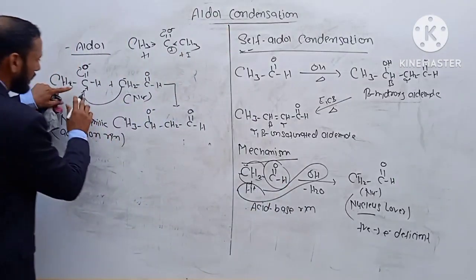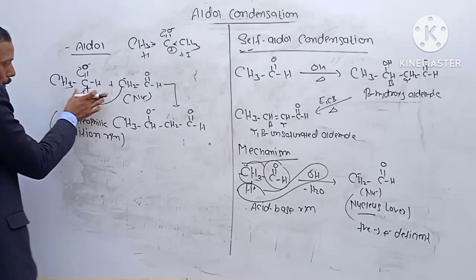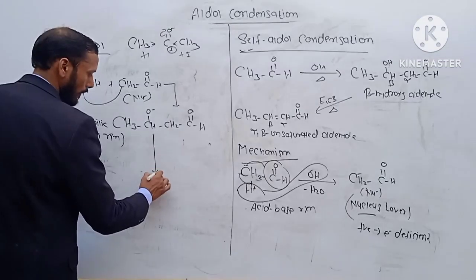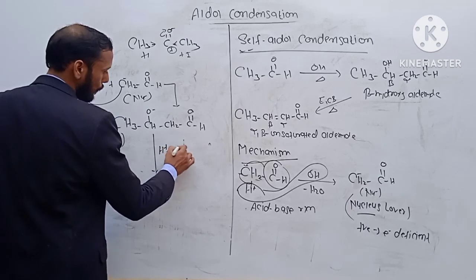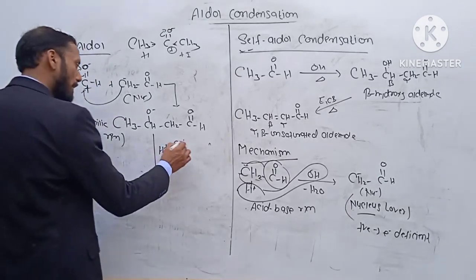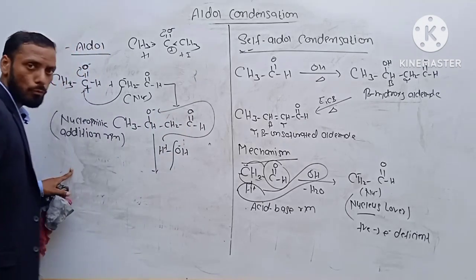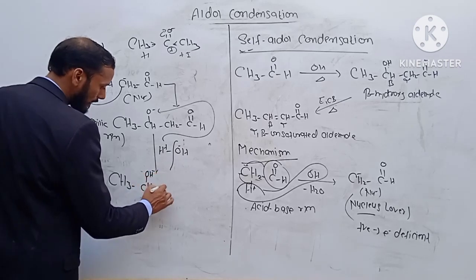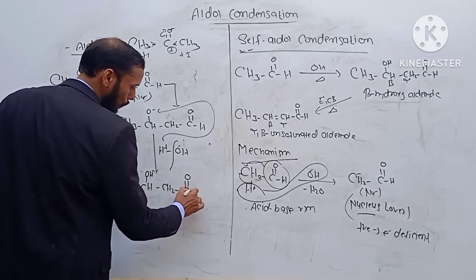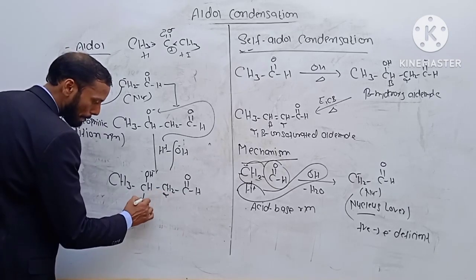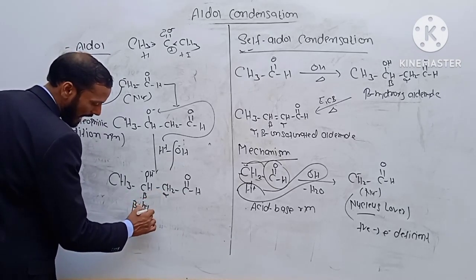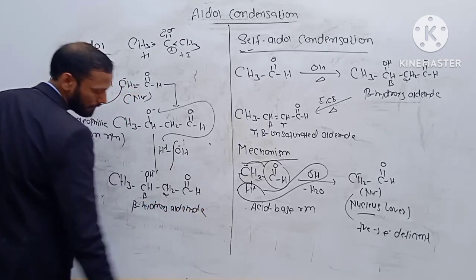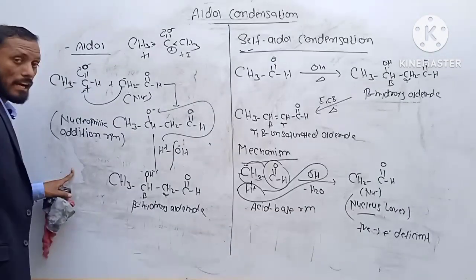In aldehyde there is more positive charge, so the nucleophile gets attached easily. Now H plus, OH minus. H plus gets attached to this O negative and forms CH3CH(OH)CH2C double bond OH, beta hydroxy aldehyde.